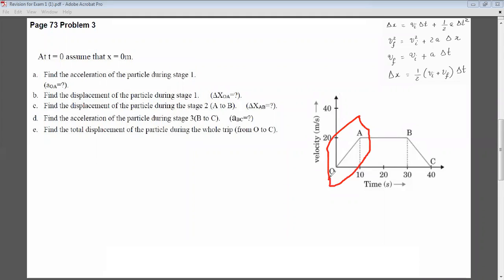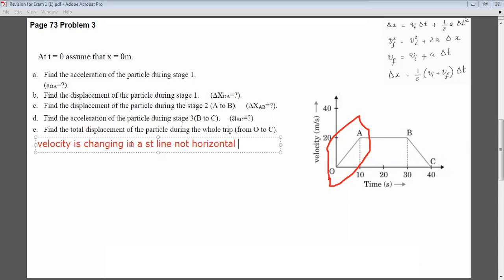Since the velocity is changing in a straight line, with a slope not equal to 0, a straight line that is not horizontal. If it is horizontal, like in the case AB, then the acceleration is 0 because the speed is not changing.